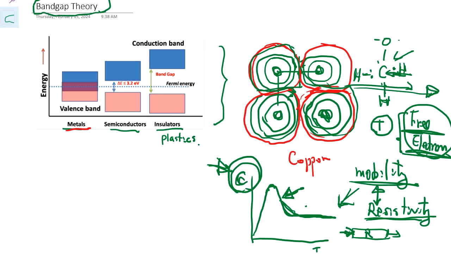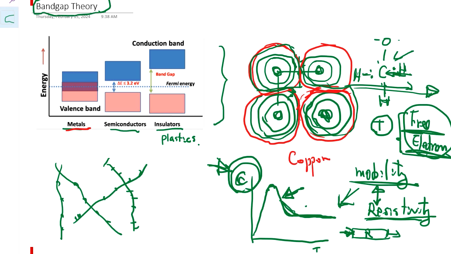Its conduction band. Okay, so insulator is like plastic. You have a carbon atom like that, long molecule. There's no overlap on the carbon from here to here. Distance is very far away.